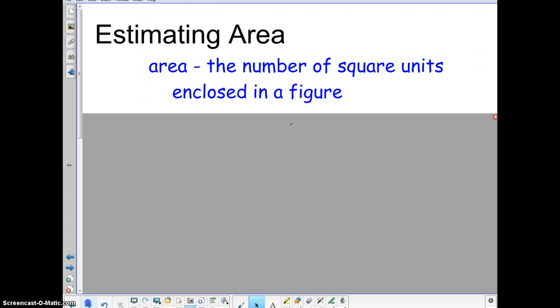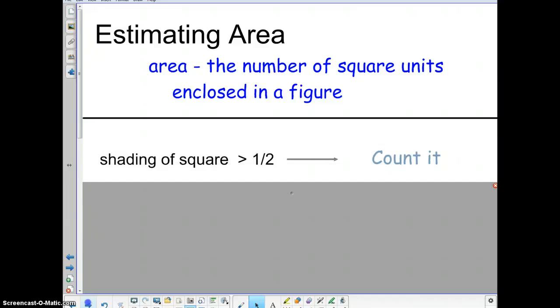Students seem to forget that when we are finding the area, we are counting up the number of squares that fit inside a figure. So I'll give you a little bit of time to jot that vocabulary definition down. The number of square units enclosed in a figure. That is what area is.